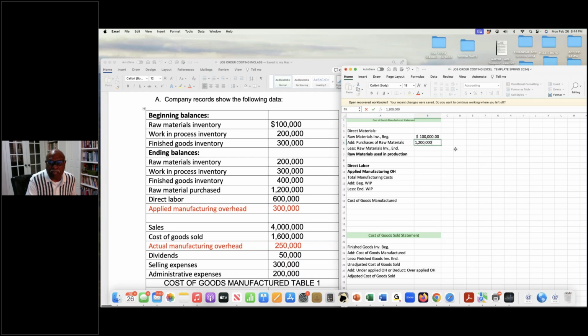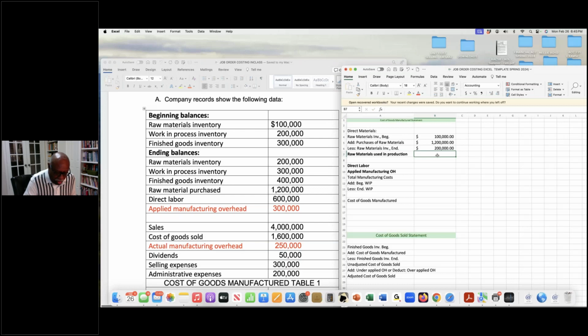So the raw materials available was 1,300,000, less the raw materials ending, 200,000. So the raw materials used in production would have been what? 1,100,000.